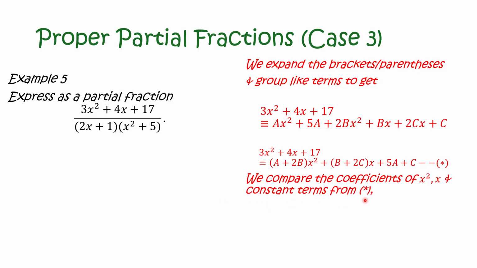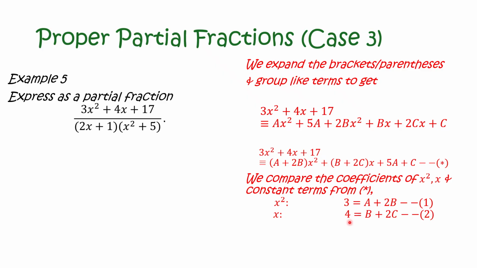We compare the coefficients of x², of x and the constant terms from equation star. Then we see that for x², 3 is equal to A + 2B, that is our equation 1.